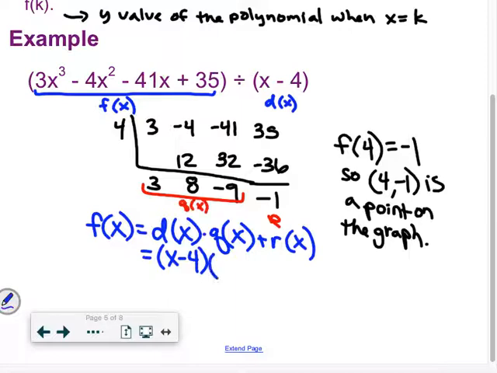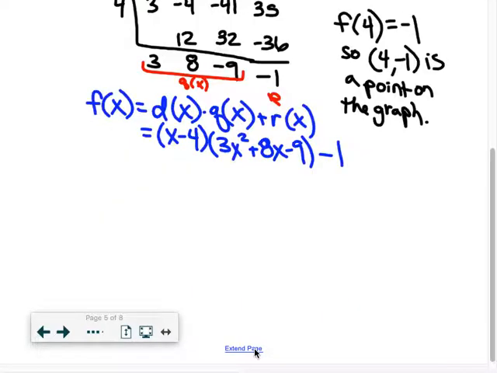So times 3x squared plus 8x minus 9. Remember, they're all going to be 1 less because we divided by a linear factor. And then plus r of x, so I'm going to put a minus 1 back there. And that's basically you just writing out the division algorithm.